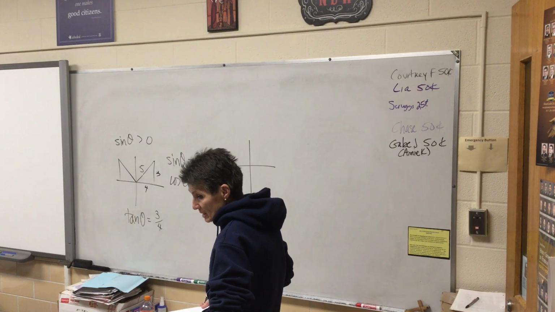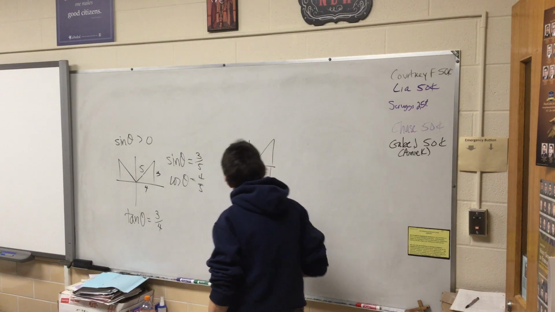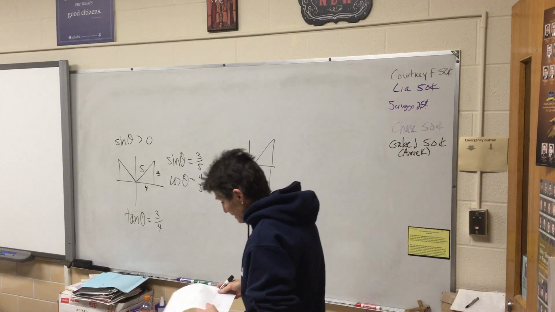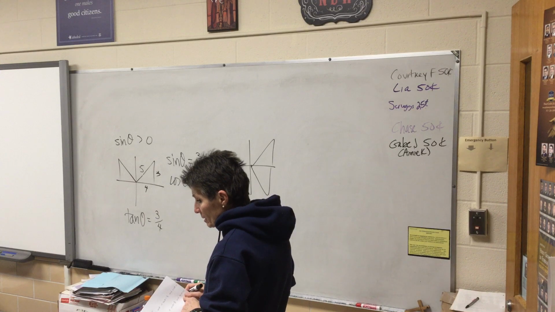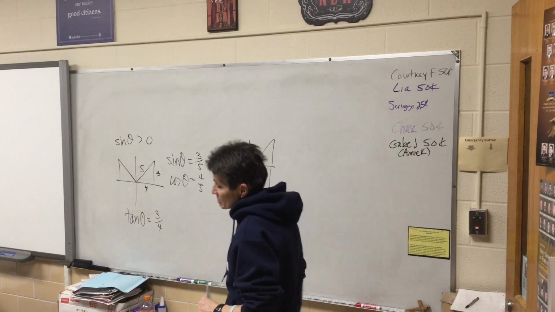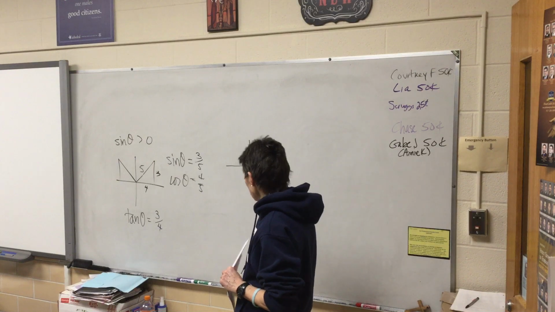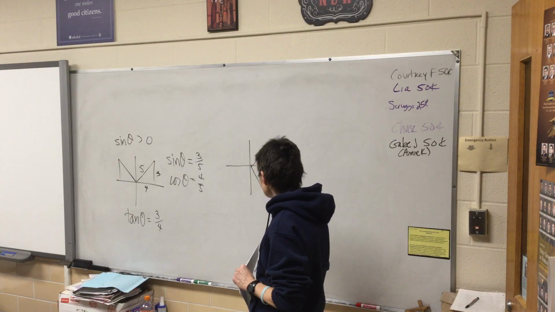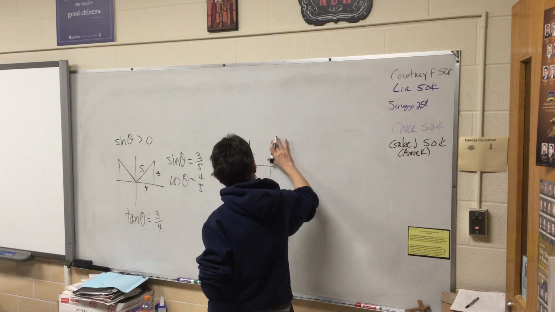Exactly, because cosine is x, and that is quadrant 1 or quadrant 4. But the tangent is negative. So if these are my options, but I know the tangent is negative, where am I? Quadrant 4. Exactly. So the cosine is 4/5.